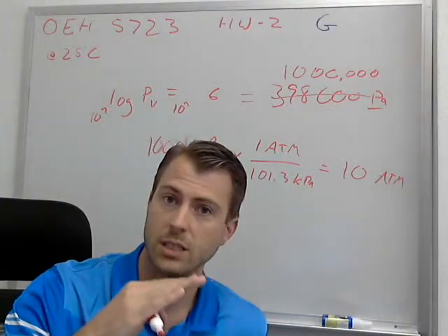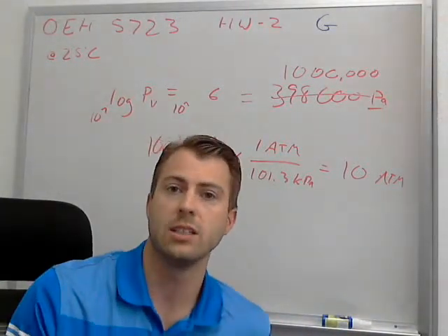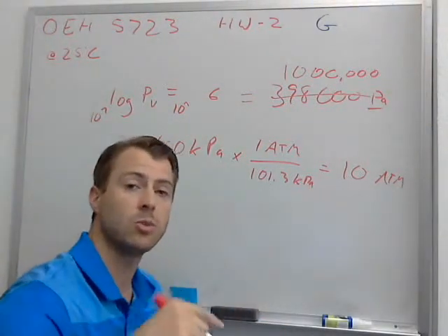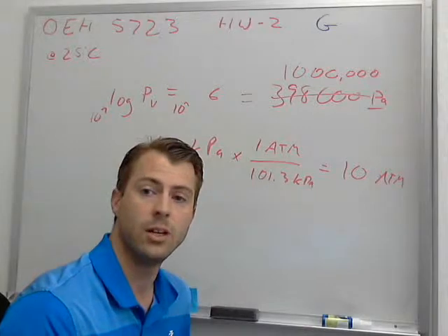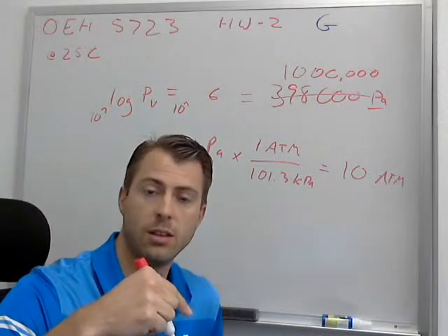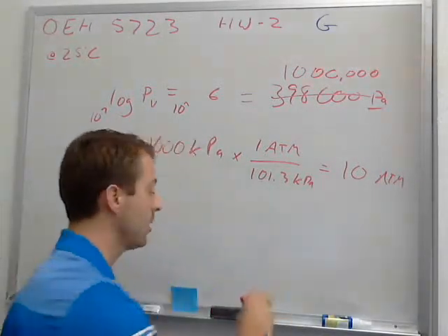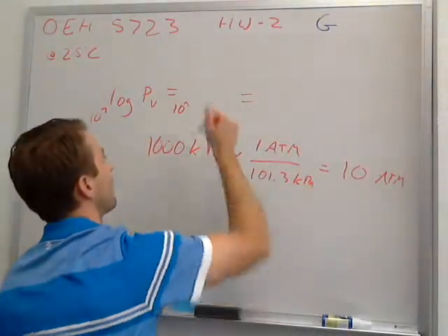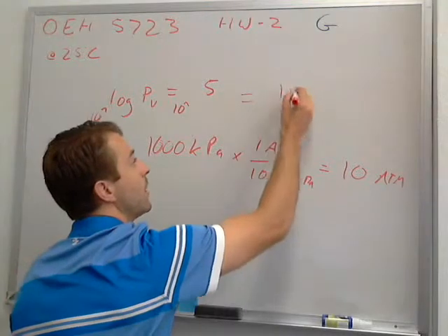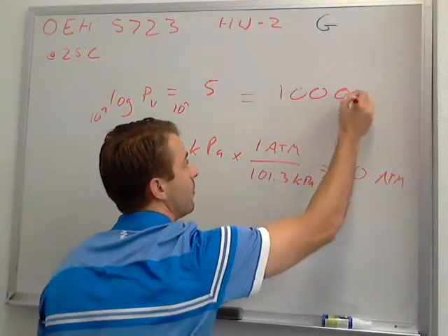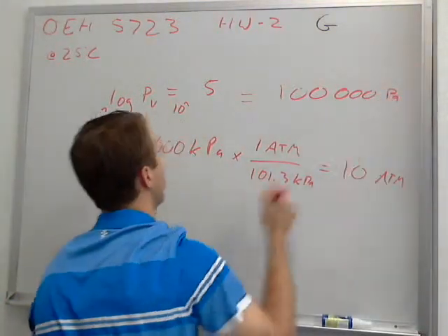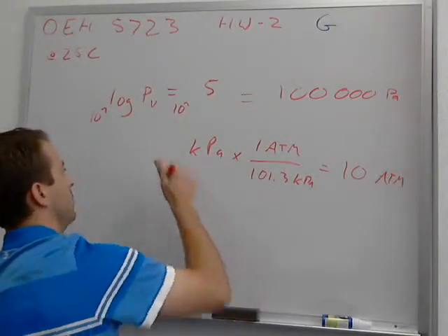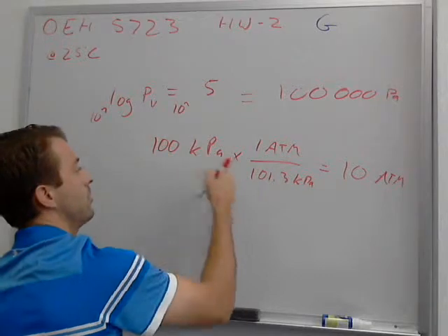Now you've got all this excess pressure, and you're just pressurizing the liquid that's already formed. But if you made the same sort of mistake on the low side and said, oh, that looks like about 5, then you would have gotten 100,000 pascals, which would be 100 kPa.